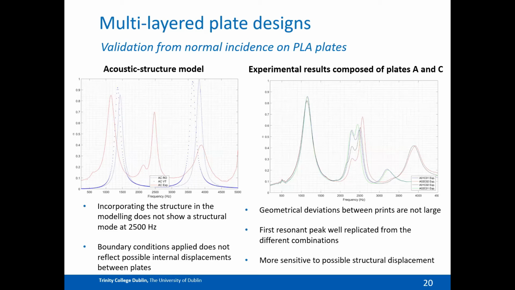But then even taking these same plates in different sets of configuration, all A's are the same, all C's are the same, combining different ones, you get slightly different results. And as well, when you're setting up your experiment, you're not tightening them exactly the same, so you don't really know exactly what occurs in between the plates. But you can see that the first resonant frequency is quite well represented.